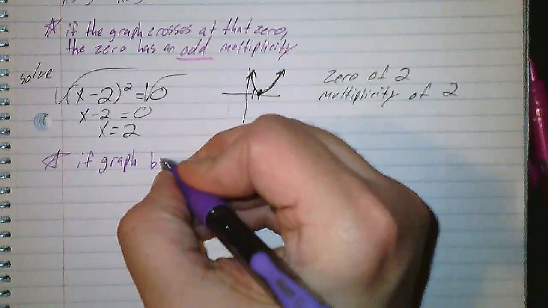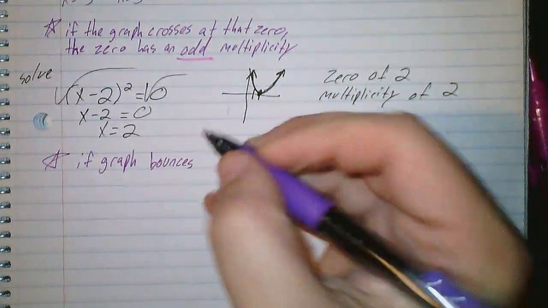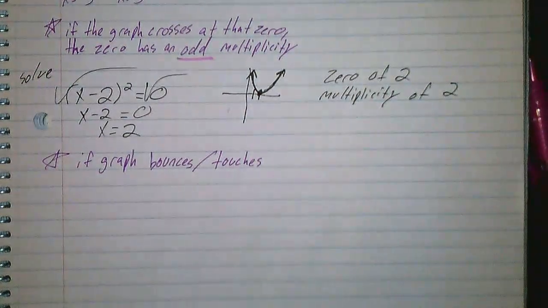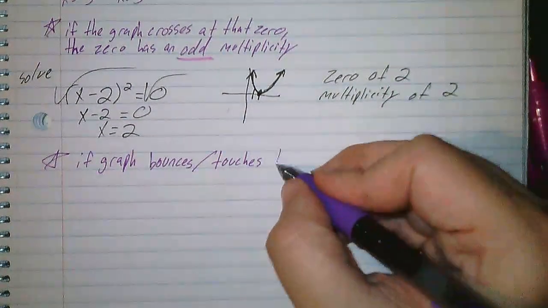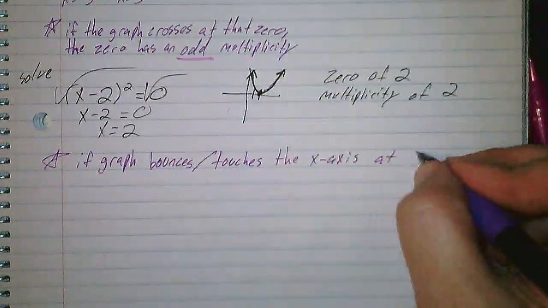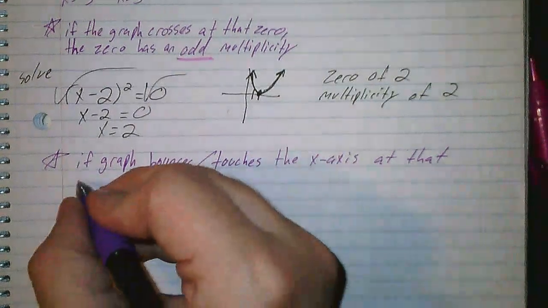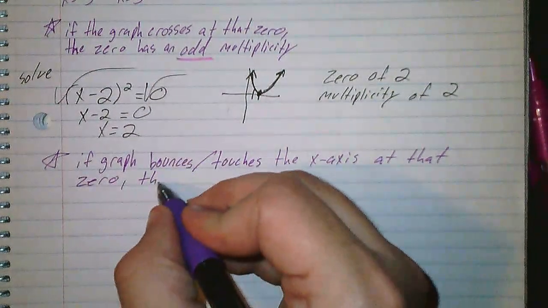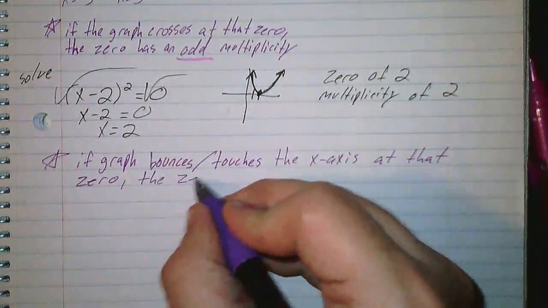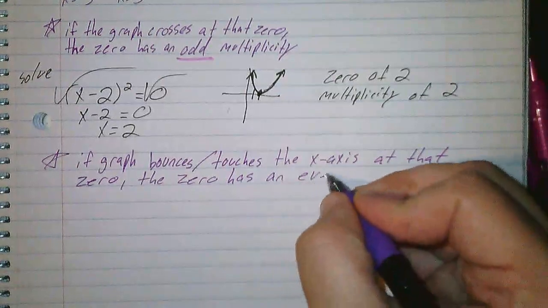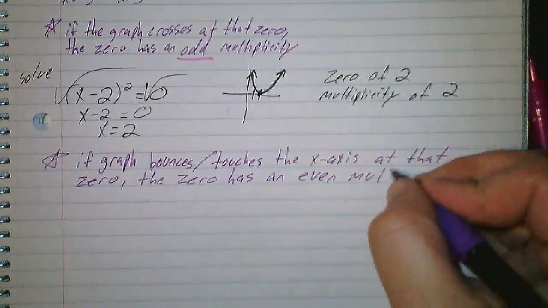So if the graph bounces or touches the x-axis at that 0, the 0 has an even multiplicity.